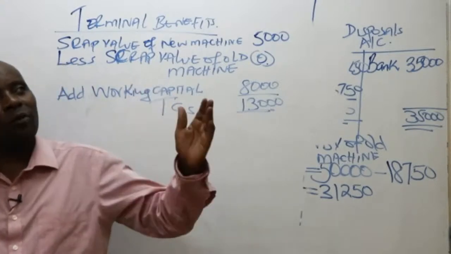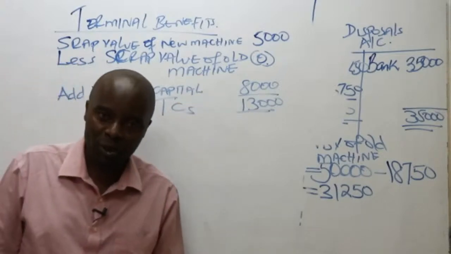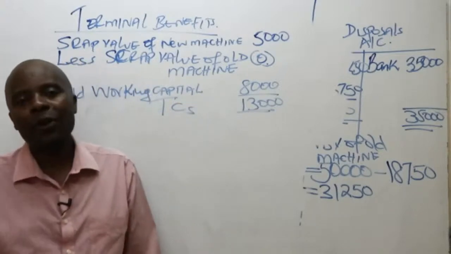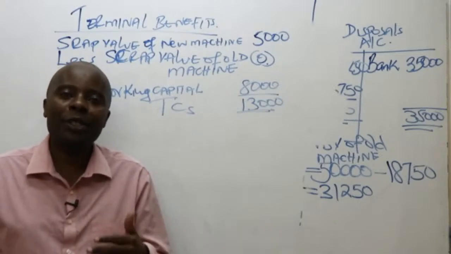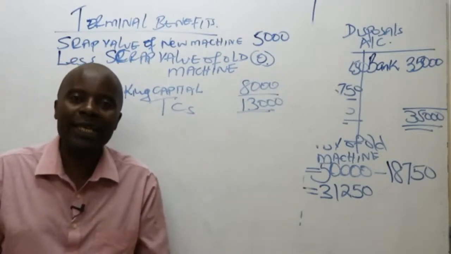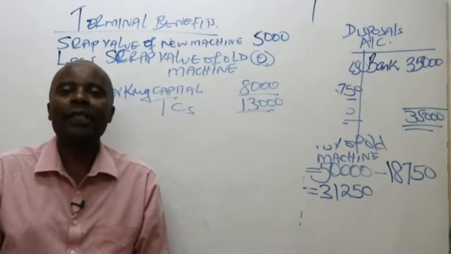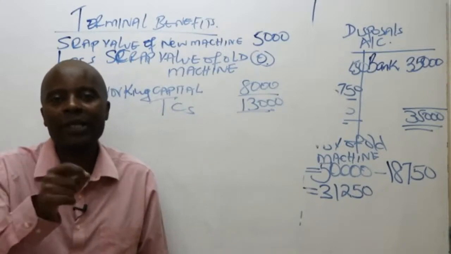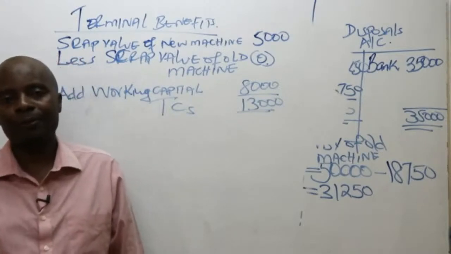At the beginning of the project, you put money in your business, and at the end, once this thing dies, the working capital which you had put in initially is released. So you'll be given two things: you'll get your scrap value, and then you'll get back your working capital. I don't know whether I've been able to answer that question.